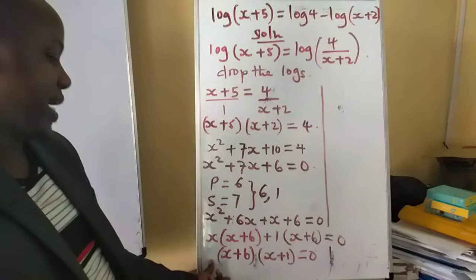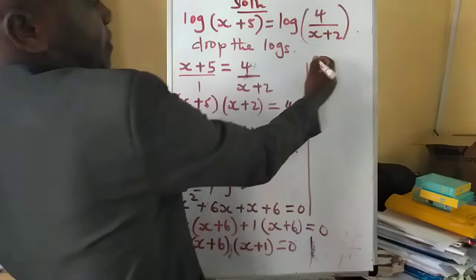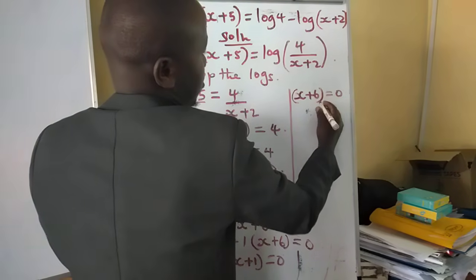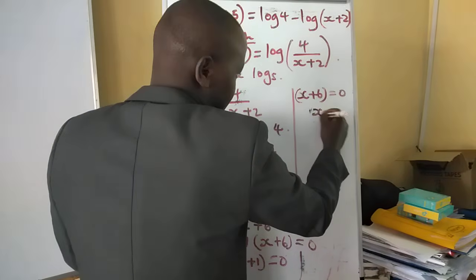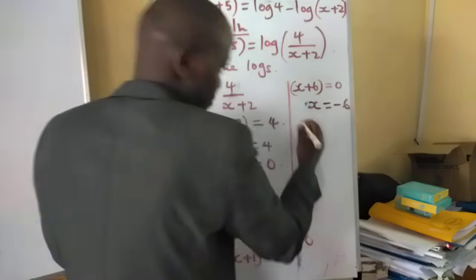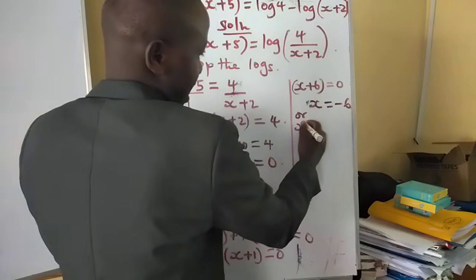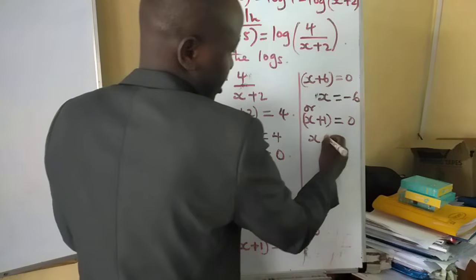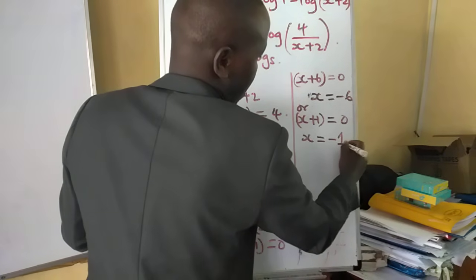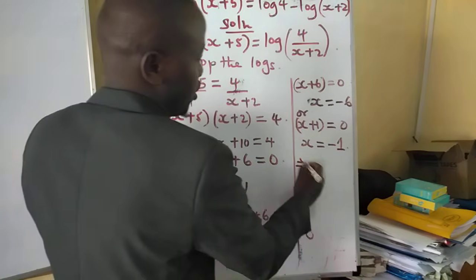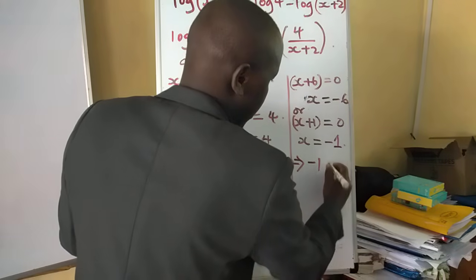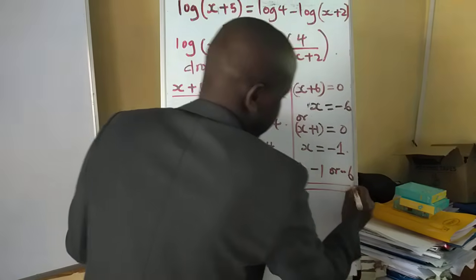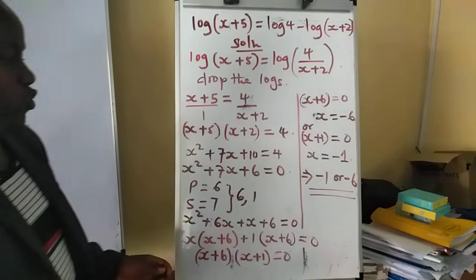Therefore, we now can get the value of x by saying x plus 6 is 0, which will land us to x being negative 6, or x plus 1 is equal to 0, translating to x being negative 1. Therefore, the answer to this question is either negative 1 or negative 6. And that is the solution to the question.